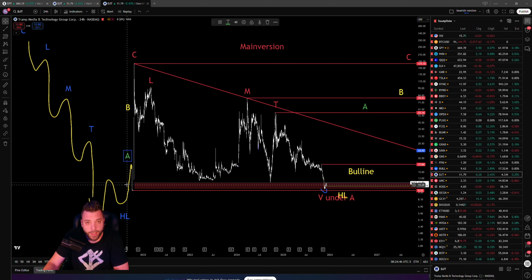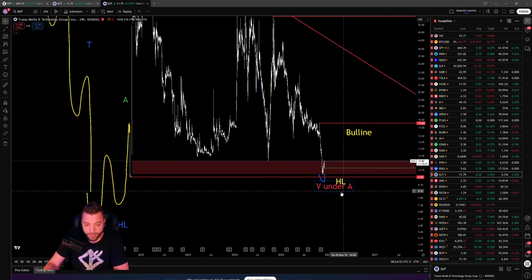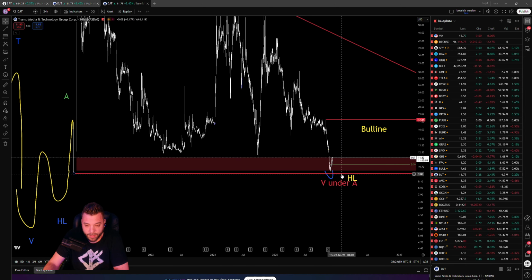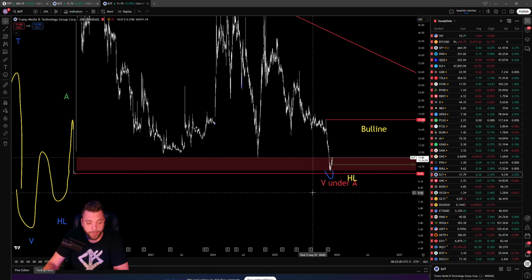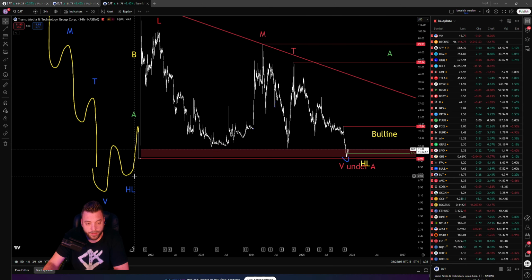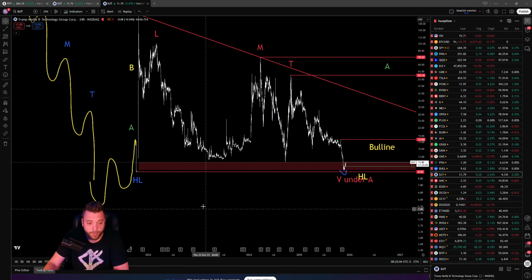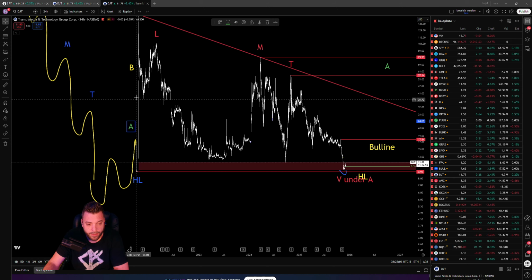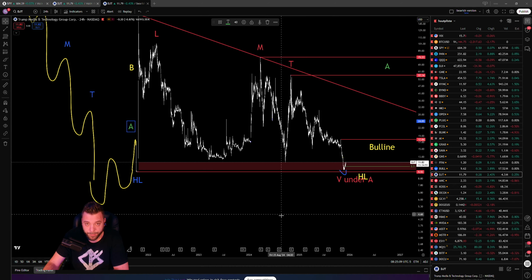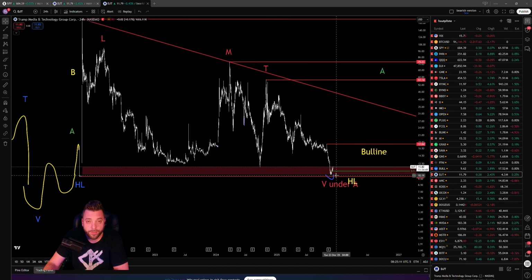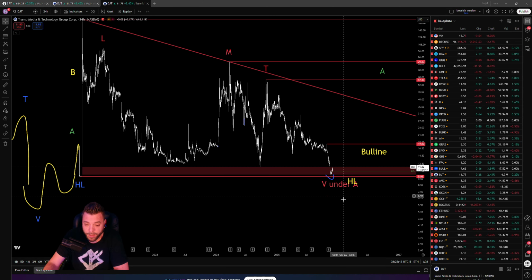If this was A, then we are not finished, because then we still have to drop under 994 to do the V under A, to finish it. If this was your higher low, and somewhere in this candle is your A, then we are finished. Then we did the V under A.